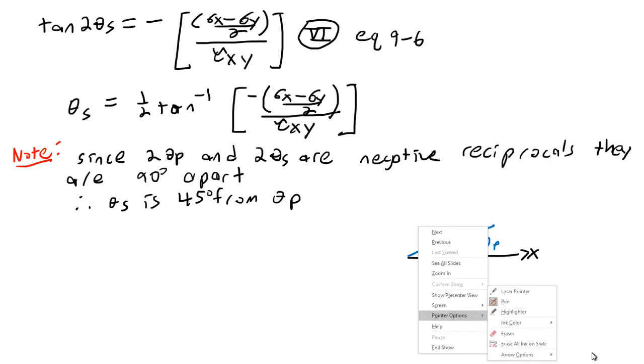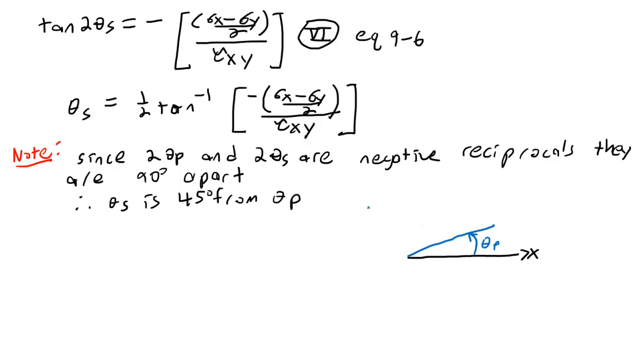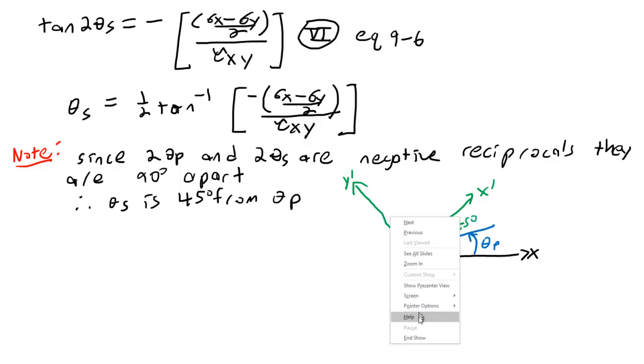Well, then the other x prime, y prime, the location of the maximum shear stress, will be 45 degrees from that. And the stress block on this plane is going to be as follows.